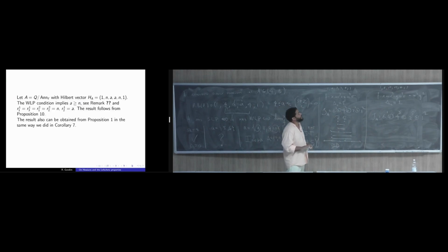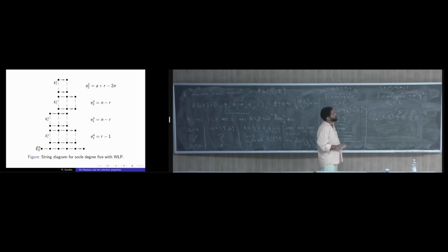These are the possible Jordan types in socle degree 5 with double LP. This is the string diagram in the case having double LP.